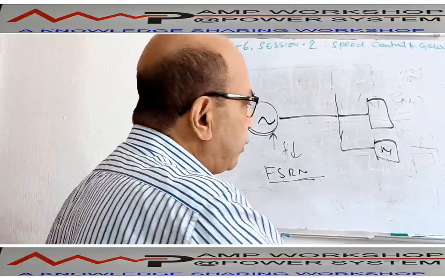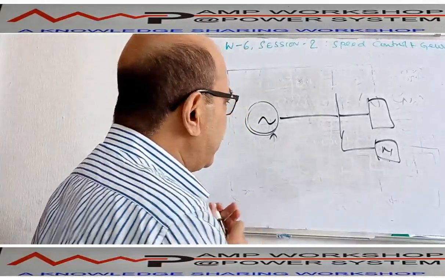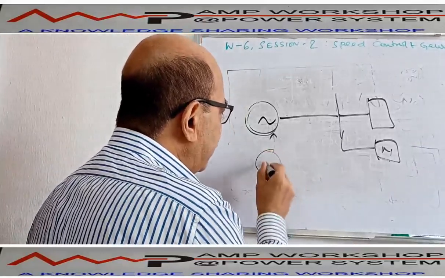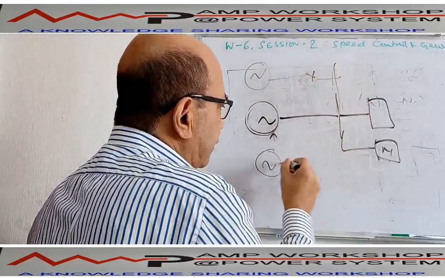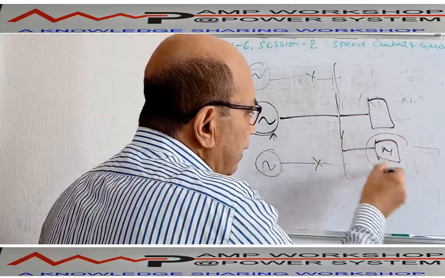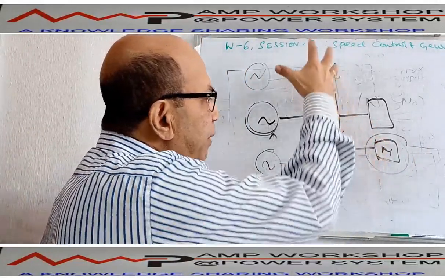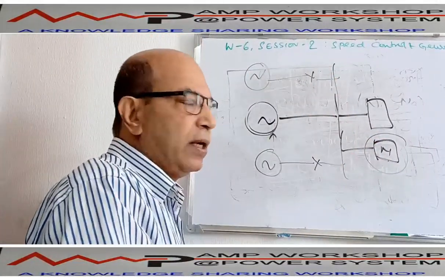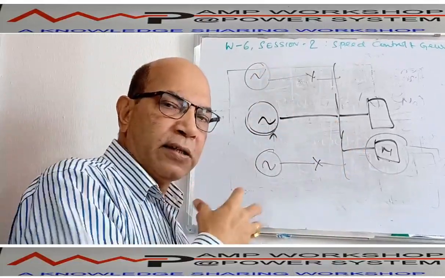The problem in the isochronous operation is this. Suppose there are two machines, this is one machine, then there is another machine. Suppose there are three machines running in parallel on the same bus. Now suddenly a load comes on the bus. The moment the load comes in, the bus frequency will drop down. The moment the bus frequency drops, all the machines will sense the frequency difference.